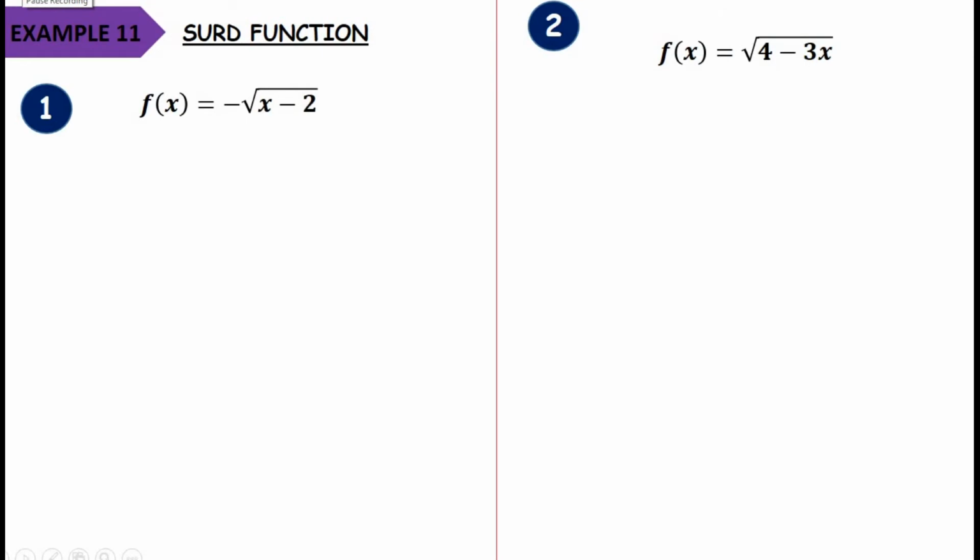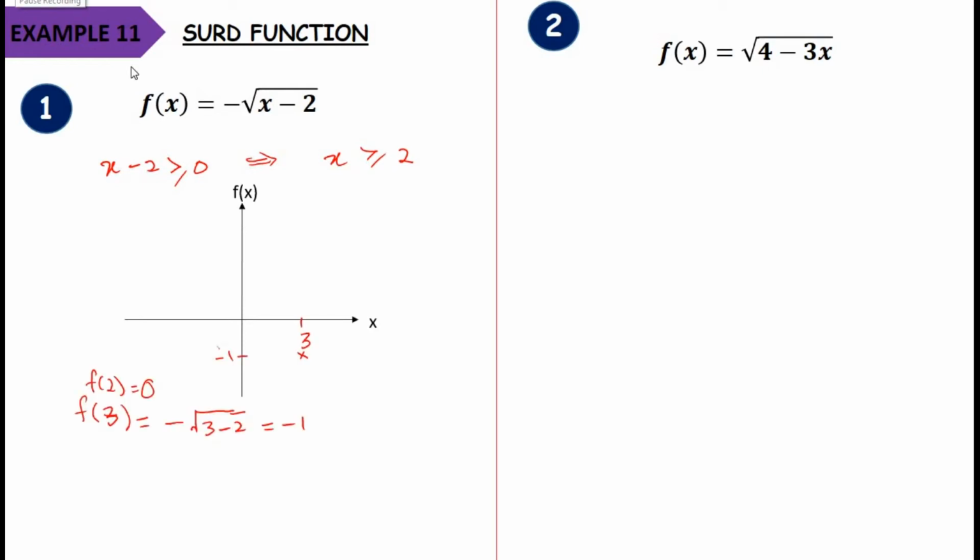Now let's look at the example of the third function. For the third function, we also have a condition to consider. This x minus 2 should be greater than or equal to 0. So from here we know that x should be more than or equal to 2.